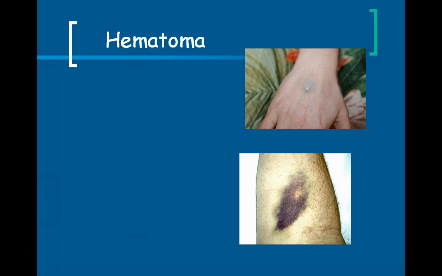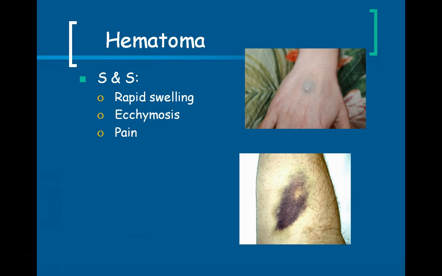You usually see it swelling and having that purple-blue color pretty quickly, and so you know to remove the IV and put pressure on it. When it's discontinued, if adequate pressure isn't put at the site, you can also get a hematoma, and that's what looks like happened in the arm on the bottom there.